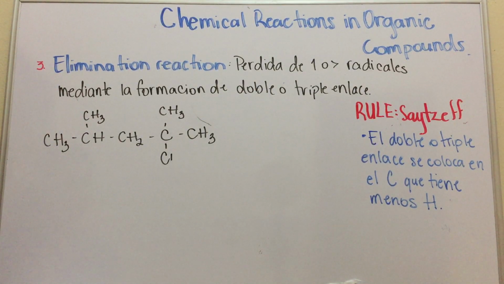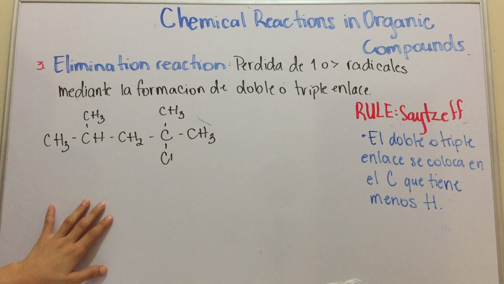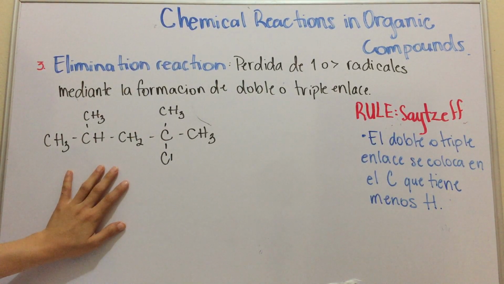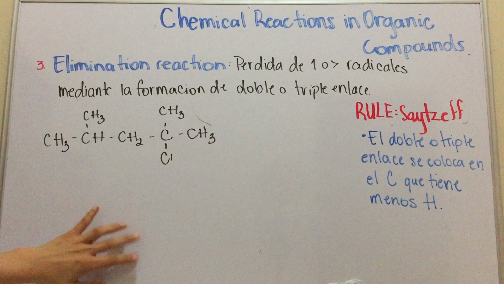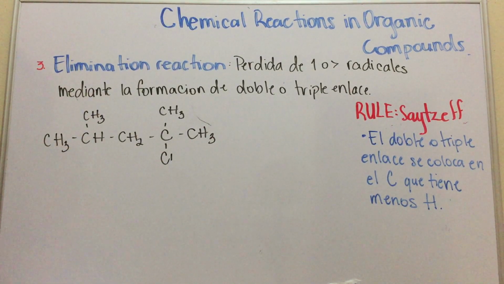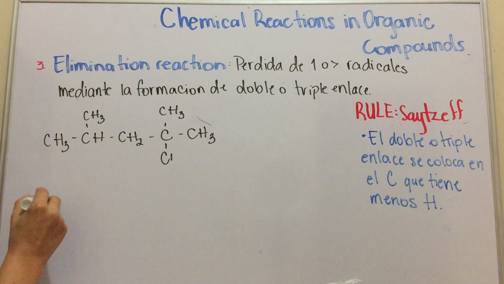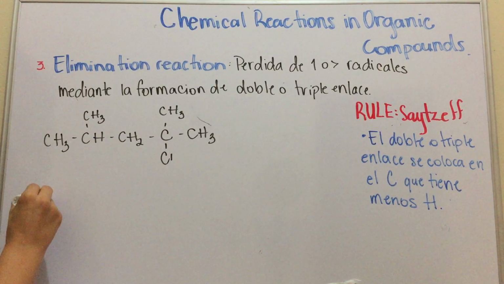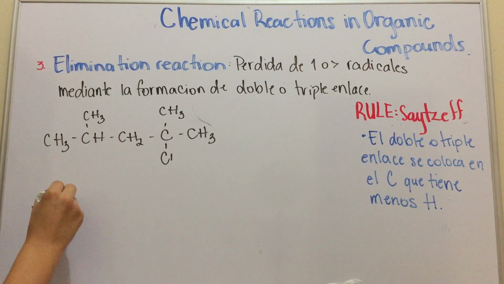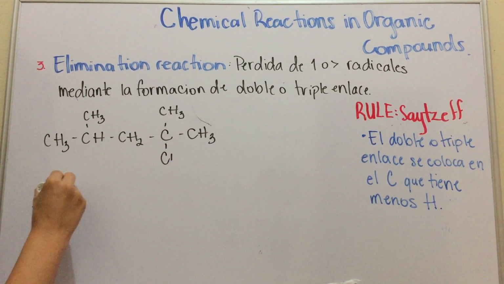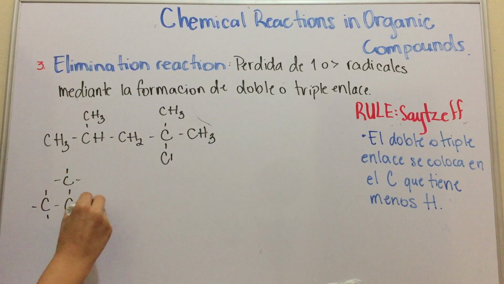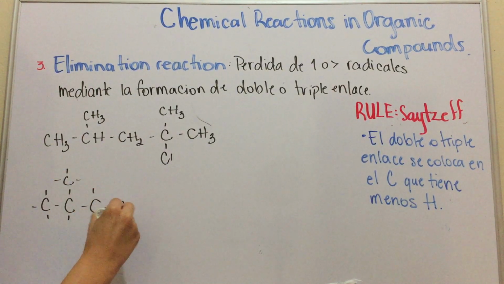If you're able to count the hydrogens this way, which is also an easy way, you can leave it here. But if you want to be sure, you can put it in the other way, all right, in the complete formula. So we're gonna have here carbon 1, 2, 3, 1, 2.